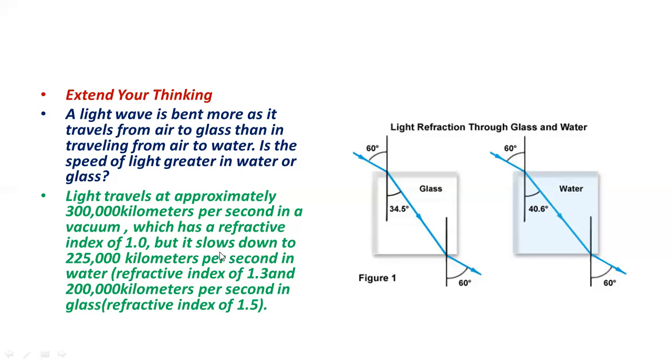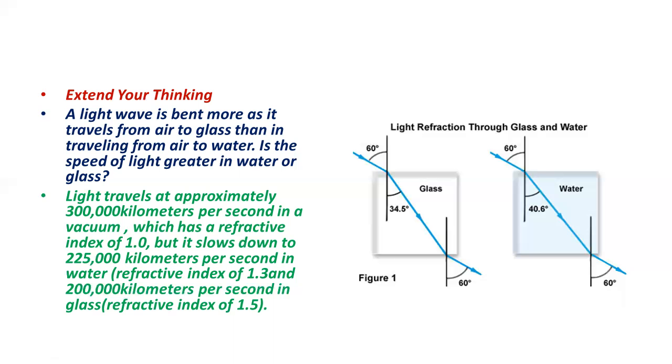But it slows down from 300,000 to 225,000 kilometers per second in water, and the refractive index of water is 1.3, and then it decreases further to 200,000 kilometers per second in glass. So the refractive index of glass is greater, it is 1.5, and as I told you, the greater the refractive index, the lesser the speed of light in that medium.